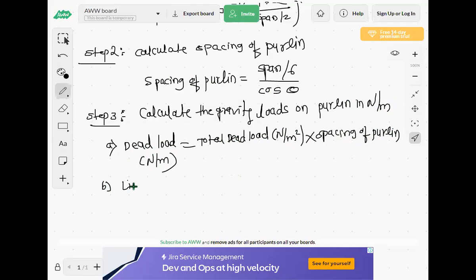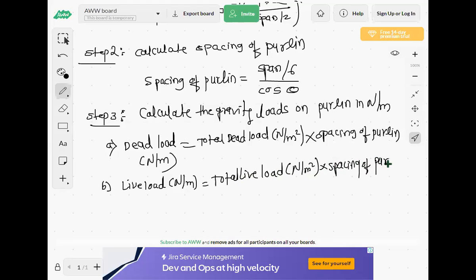Then second, small b, live load. Live load in Newton per meter is equal to total live load in Newton per meter square into again spacing of purlin.